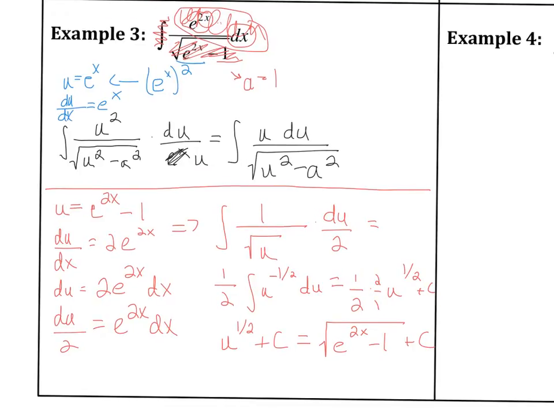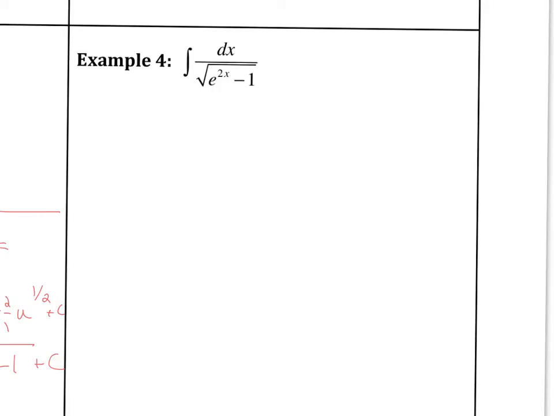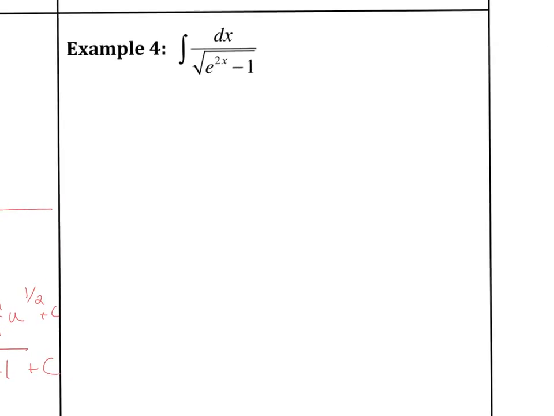All right, but now let's go to example 4, which looks similar, but notice that we don't see that function derivative pattern, right? I don't see a function like e to the 2x, and then its derivative hanging around somewhere. I just see the e to the 2x. So this is probably going to be our inverse trig, but notice, we still have a problem, right? The order's wrong. This is u squared minus a squared.